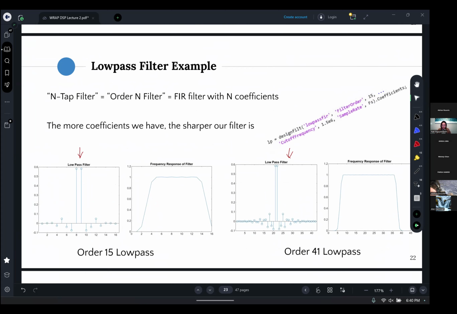So here this is going to be an order 15 filter. This is order 41. And you can see when we have 41 coefficients, it's the same shape as this. It just extends much further out, and the further it extends, the sharper our frequency response is. You can see this is a very sharp corner here, whereas this is a weaker corner.